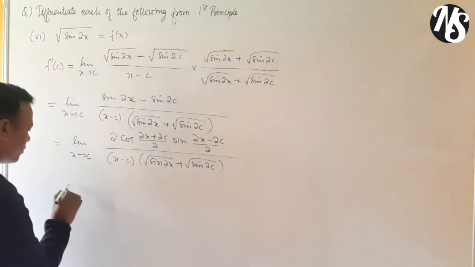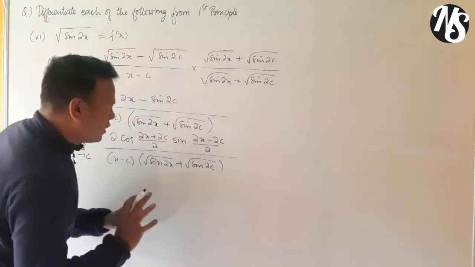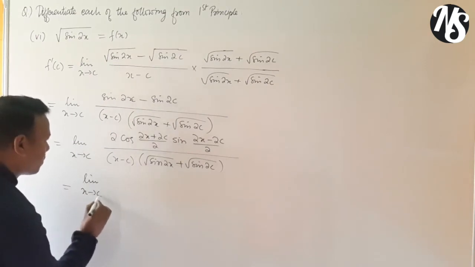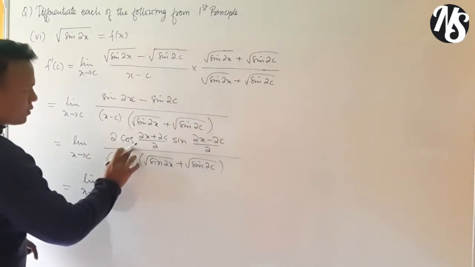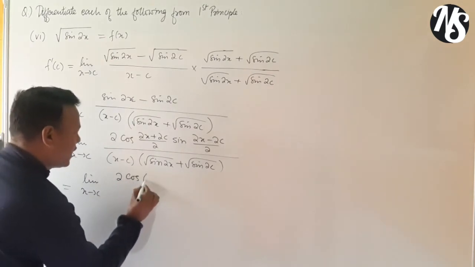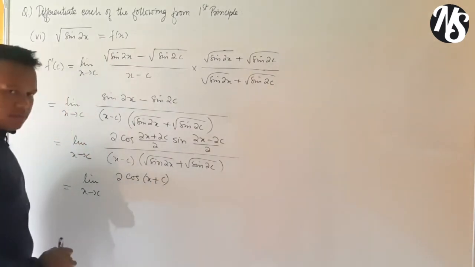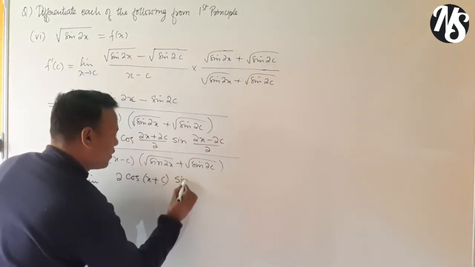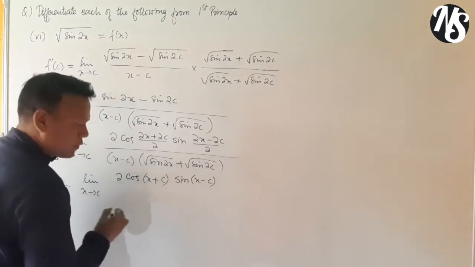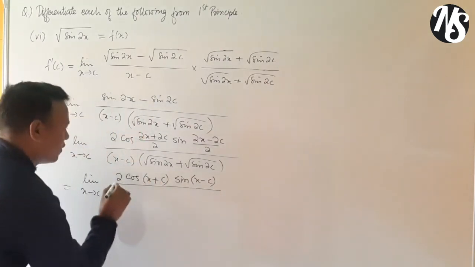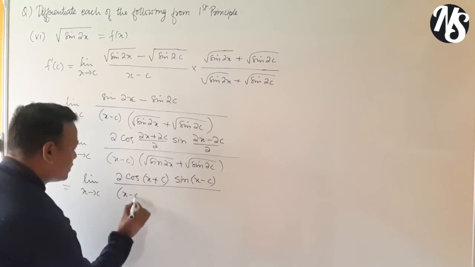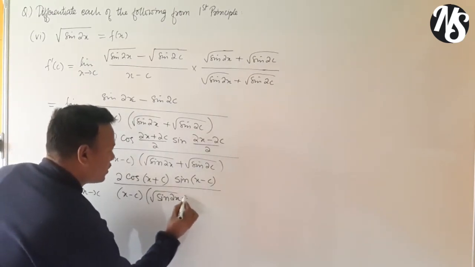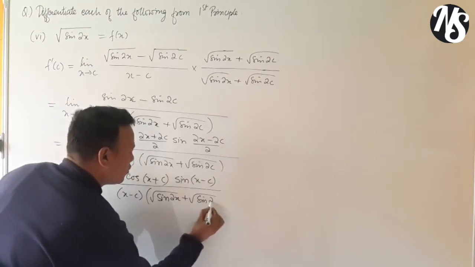Now see carefully, we have limit x tends to c of 2 cos(x plus c), check it, and here we get sine(x minus c), divided by (x minus c) into [square root of sine 2x plus square root of sine 2c].